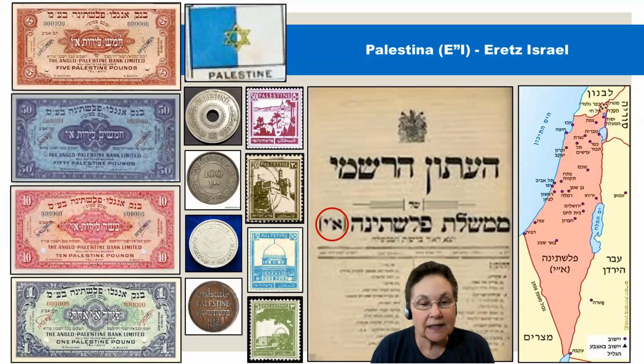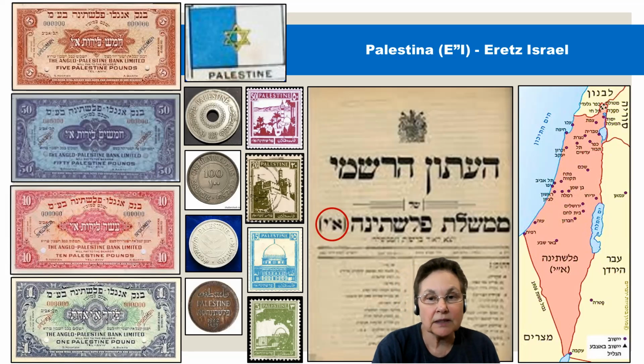You can also see in this slide the flag and the map of the Israeli side during the British Mandate for Palestine. There were no such items whatsoever for the other side of the Jordan River or for the people who today call themselves Palestinians.